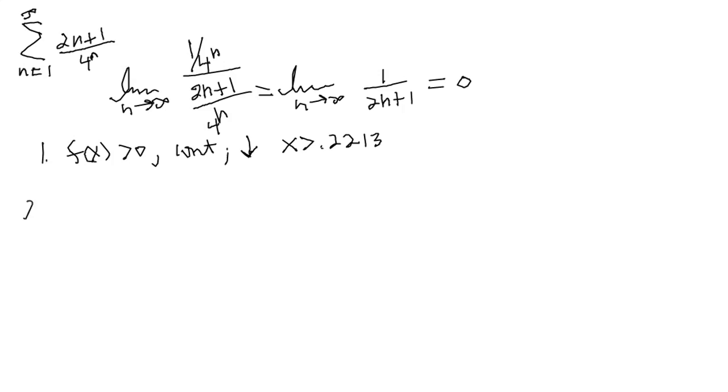Second thing is you'll have to set up the integral itself. So you're going to go from 1 to infinity, 2x plus 1 with a 4 to the negative x. This is going to require integration by parts. So I'll get you started on that and show you what happens.